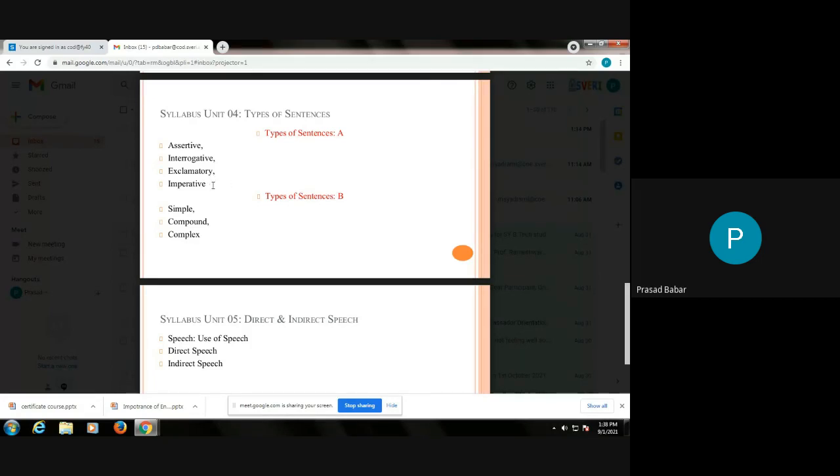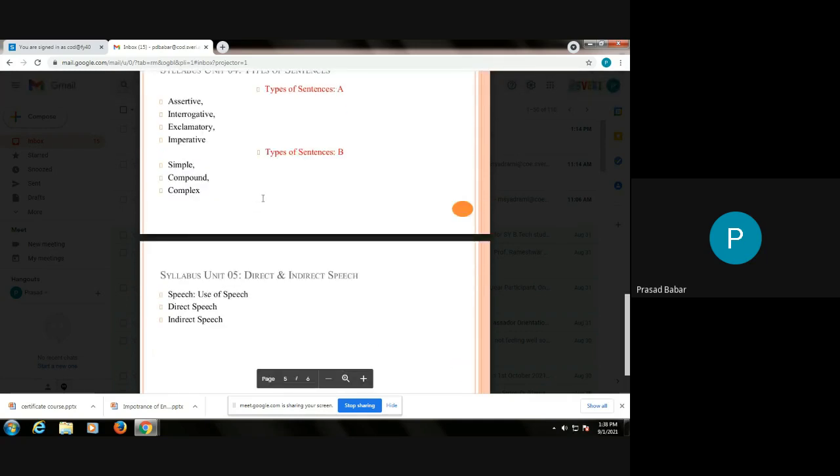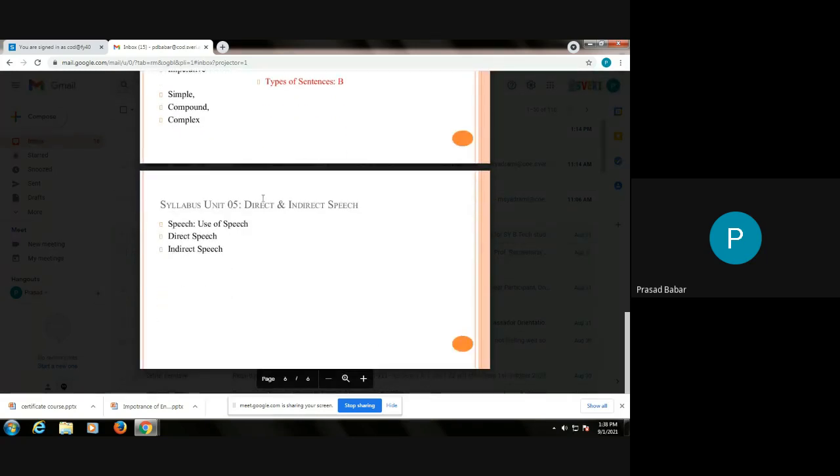So this is about the fourth unit, which we will be discussing in the next lecture. The fifth unit is direct and indirect speech. How to convert direct speech to indirect speech, we will discuss in another lecture.